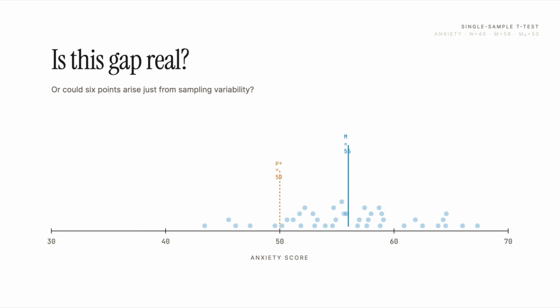Or could a 6-point difference arise just from sampling variability, even if first-year students are no more anxious than anyone else? That's the question. And to answer it, we weigh the observed difference against the expected amount of random variability. That ratio is the t-statistic.